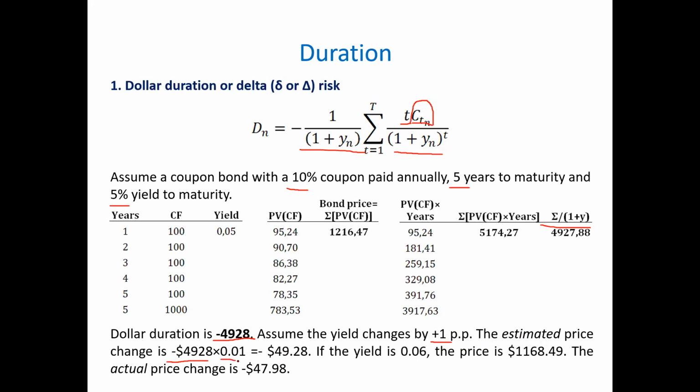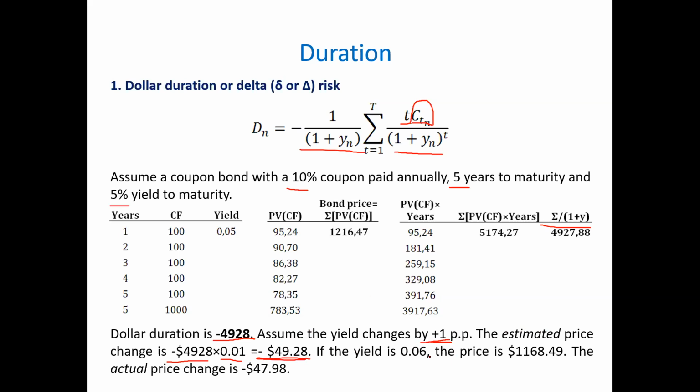Do not forget that the actual change should be converted to a decimal fraction. So you convert it to the decimal fraction, you multiply, and then this is the amount which you get. So if the interest rate changes by 1 percentage point, then the price will change by about $49. Do not forget that if the change is positive, like here the yield goes up, then we have a negative change for the price: it goes down by about $49.